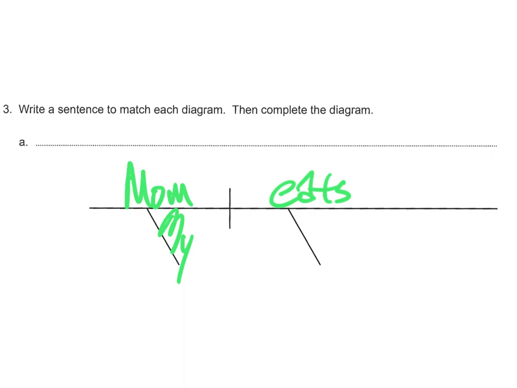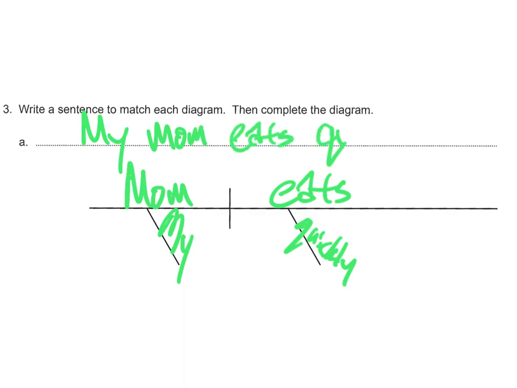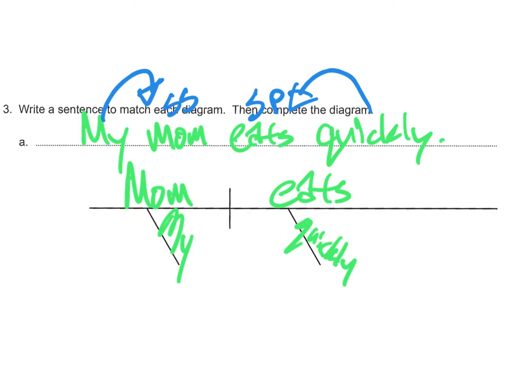How does she eat? She eats maybe quickly. So now we have to write our sentence. My mom eats quickly. I have my period, and then I need to make sure to break down my text. Simple subject, simple predicate, modifier, modifier.